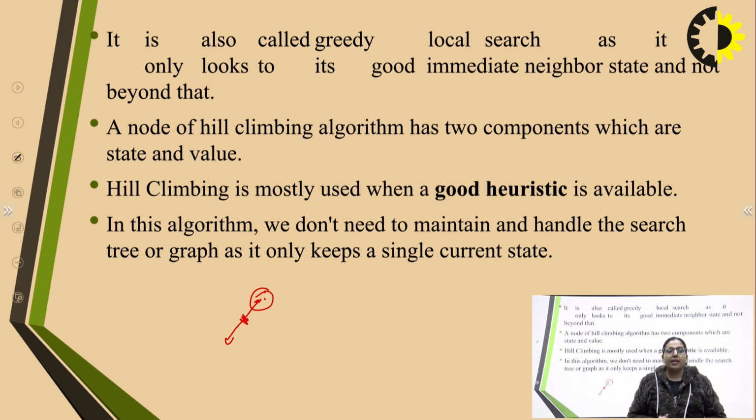So, basically a node of the hill climbing algorithm has two components, which are state and value. Now, what are state and value?